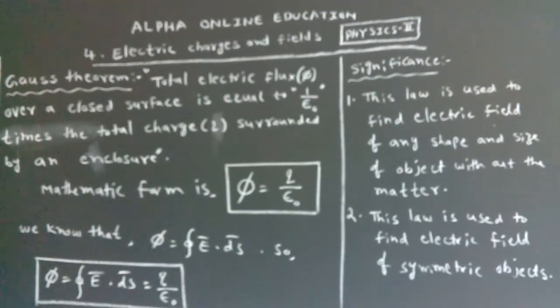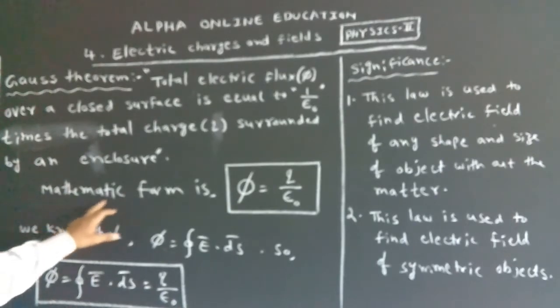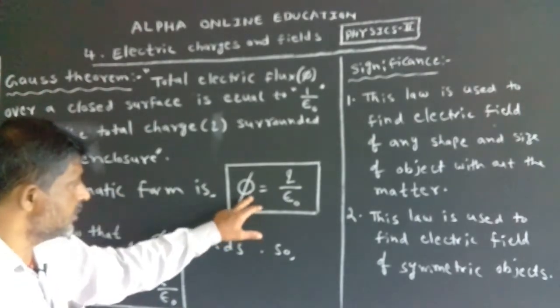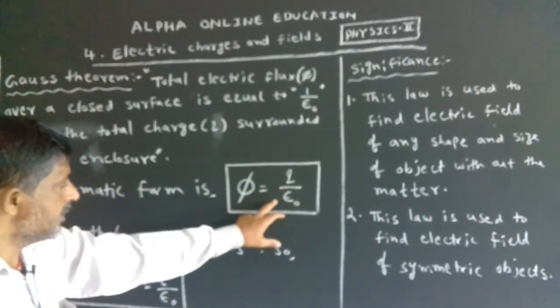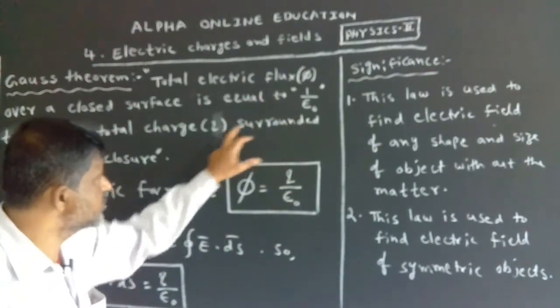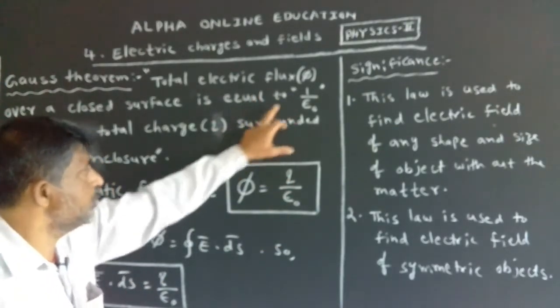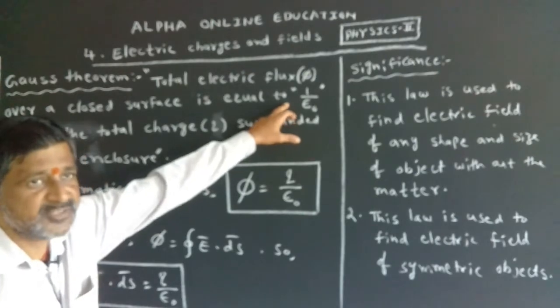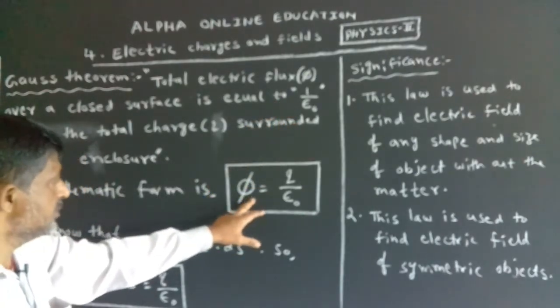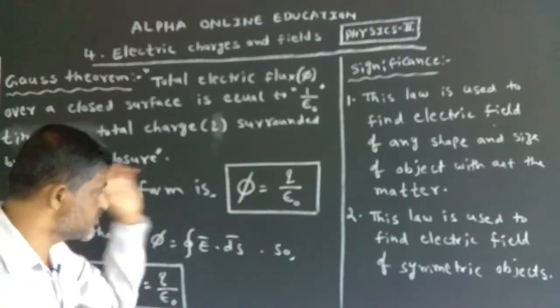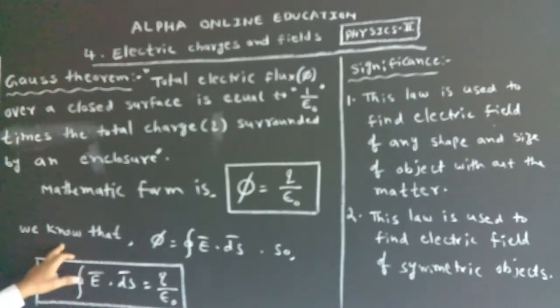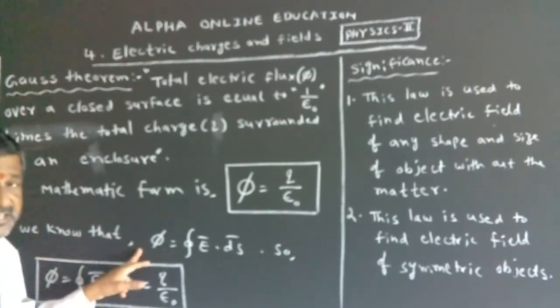It is a statement. What is the mathematical form? Phi is equal to Q by epsilon naught. You must multiply these two, Q into 1 by 4 pi epsilon naught. So, the mathematical form is phi is equal to Q by epsilon naught. We know that in the last class we studied the flux equation.